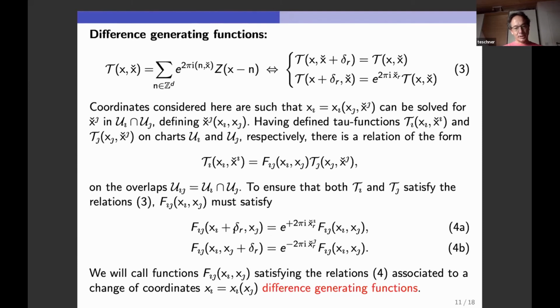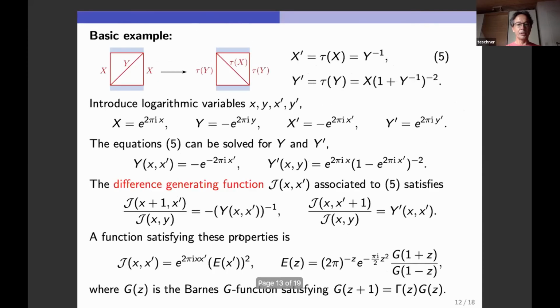So if we shift xi, it spits out the exponential of the conjugate to xi, and if we shift xj, it spits out the exponential of the conjugate to xj. So there's the obvious similarity to generating functions, except we have replaced taking derivatives by taking finite differences. Here's a basic example that I shall skip for reasons of time.